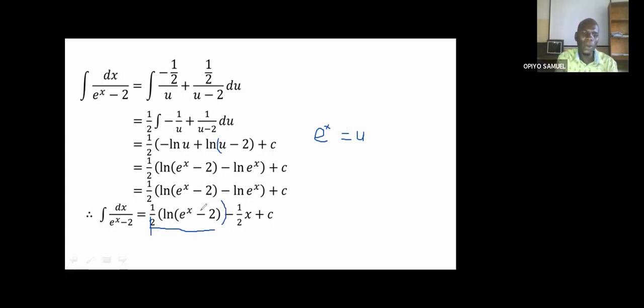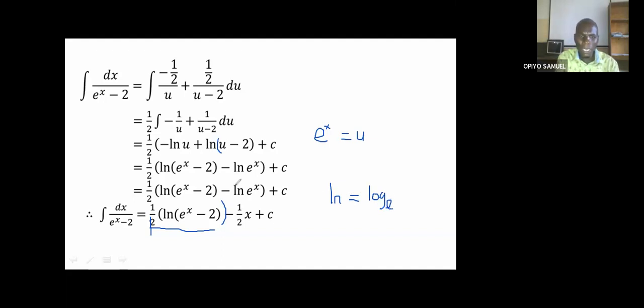Natural log of e to power u minus 2, then minus a half x. Log to base e is what we are calling natural log. So natural log is written as log to base e.